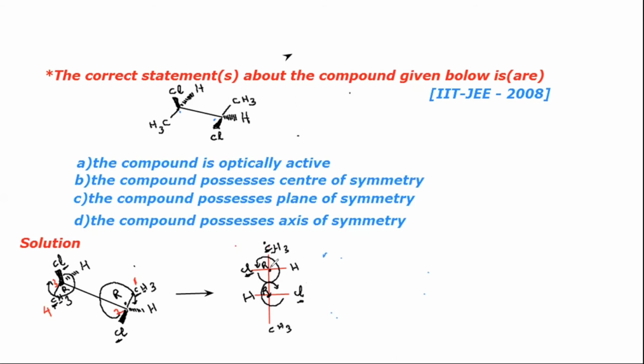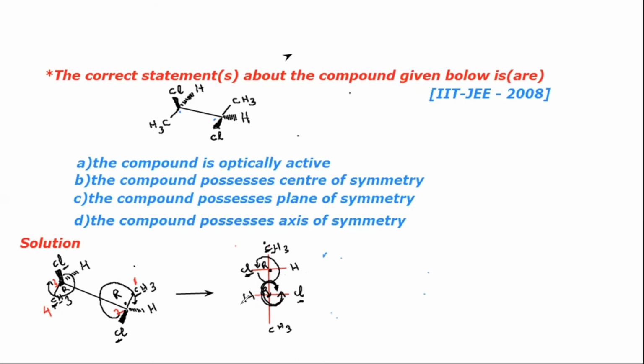So the 1, 2, 3 priority groups are arranged in anti-clockwise direction. Since hydrogen is on the horizontal line, give the reverse configuration, that is R. So both have R configuration. That's the way of converting wedge and dash formula into Fischer formula.